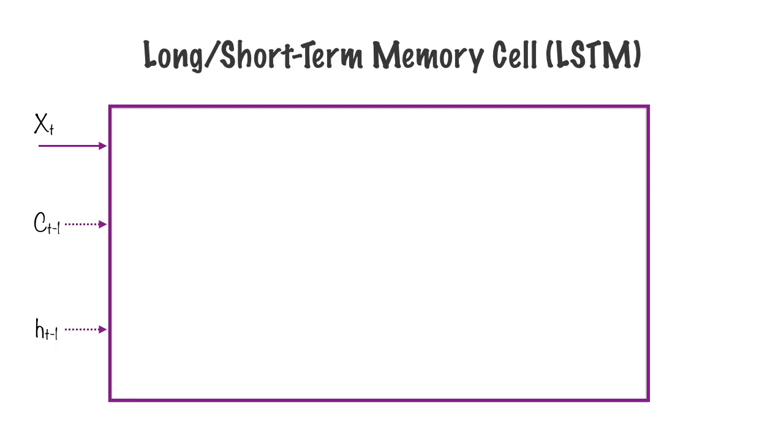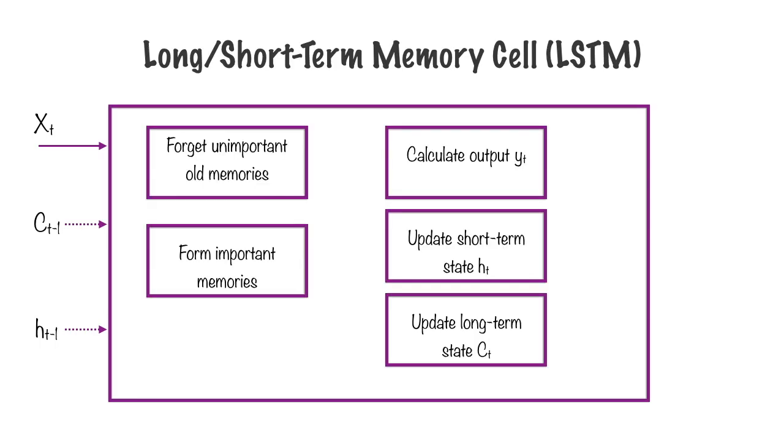The input to this memory cell, notice, is the input at the current time instance, that is x of t, the long term memory c of t minus 1, and short term memory h of t minus 1. Within this box, there are a bunch of different components, and each component serves a slightly different function.